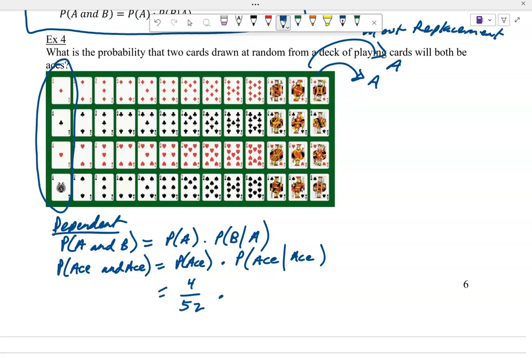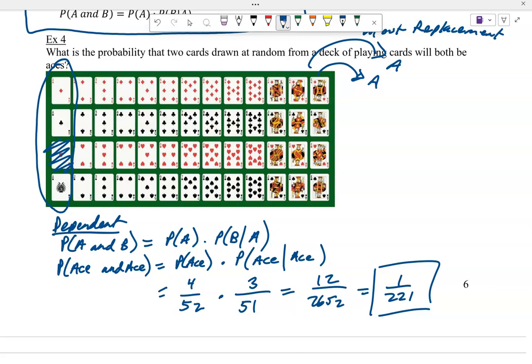Let's say I pull out the ace of hearts. So that one's gone. Now how many aces am I left with when I'm trying to pull an ace out again? But there's only how many cards left? 51. So we're left with 12 out of 26, 52, which actually both of those go into 12. 1 out of 221. Not very likely that I pull an ace and another ace out.